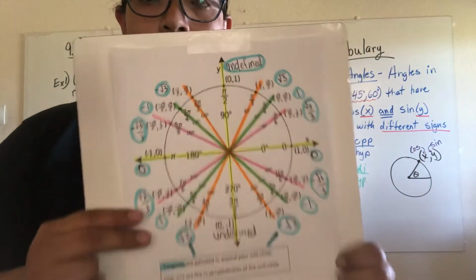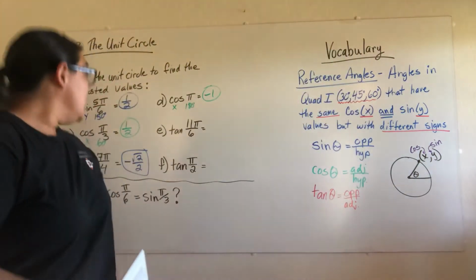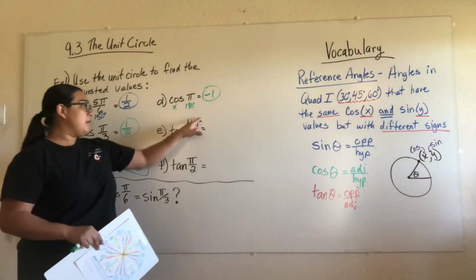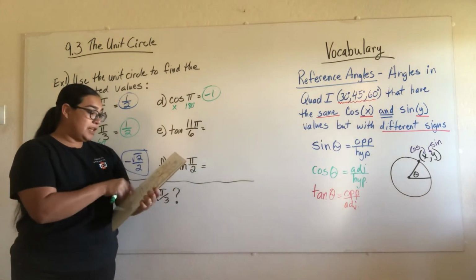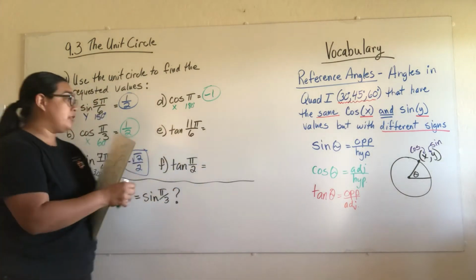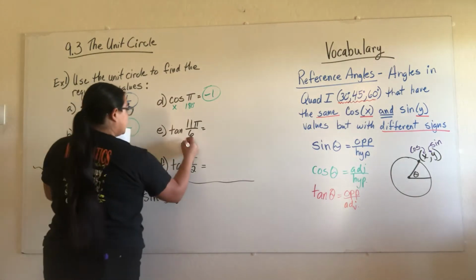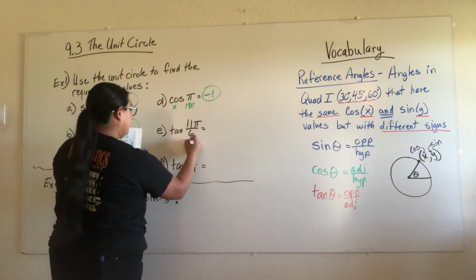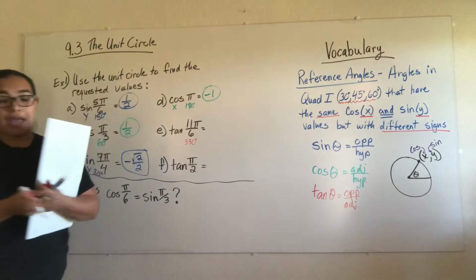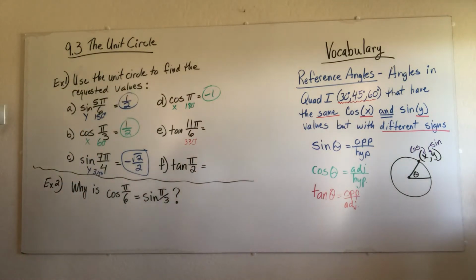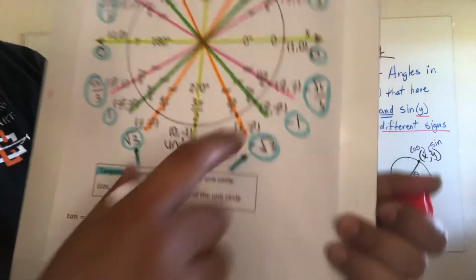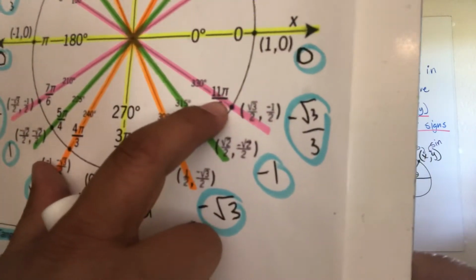Can you find it on the unit circle? So here we go. Tangent 11 pi over 6. 11 pi over 6 on here is actually the same as 330. So let me switch my colors up here. So this is 330 degrees. Not that you need to know that, but I think it's important for you guys to understand, like, oh, how did you find that, or why is that? So here's 11 pi over 6 in the fourth quadrant right here.